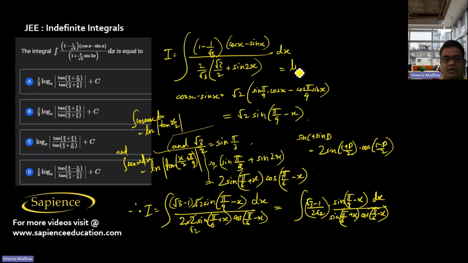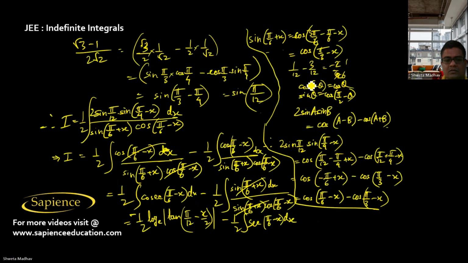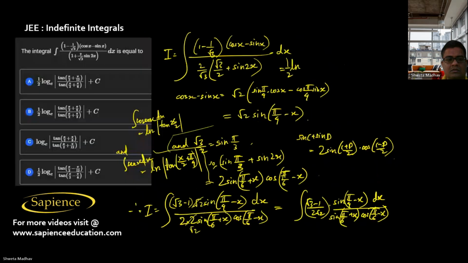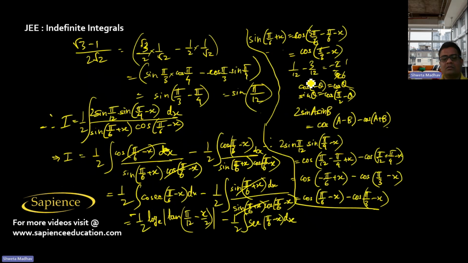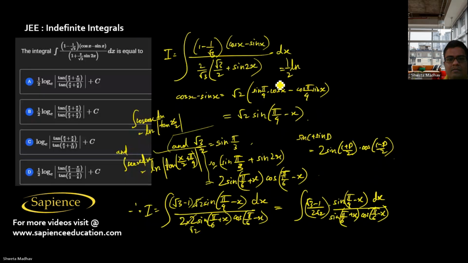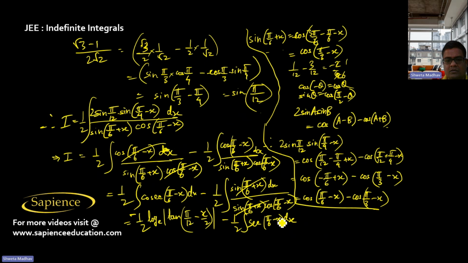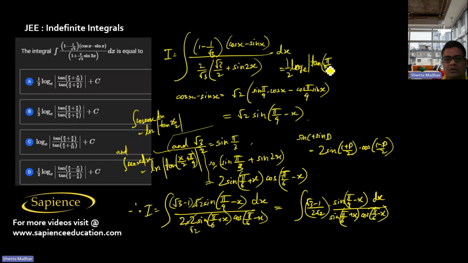Therefore the required integral is equal to half of ln, so this will become plus log base e mod tan of ((x by 2 plus pi by 4) by 2), so pi by 12 minus x by 2 plus pi by 4, minus half log base e mod tan of x by 2.